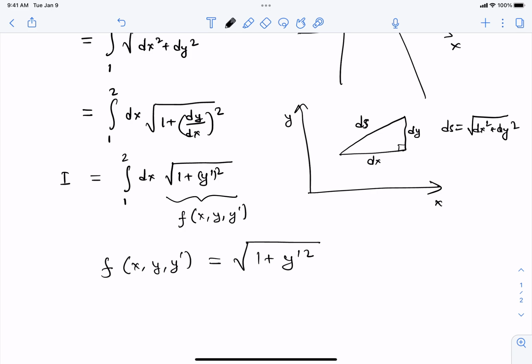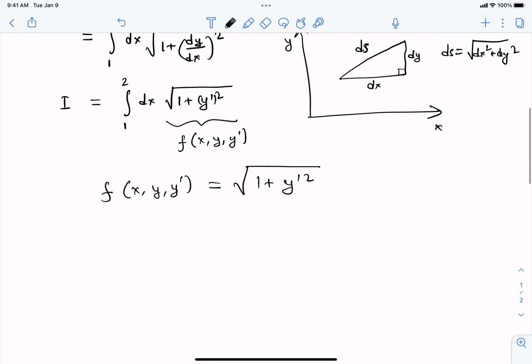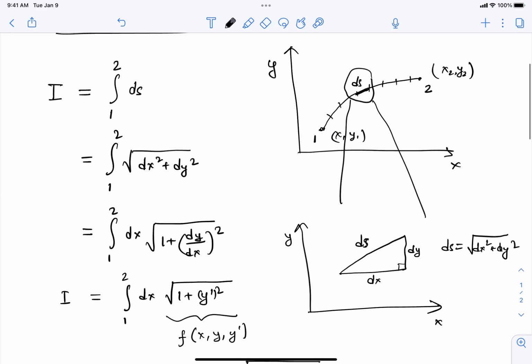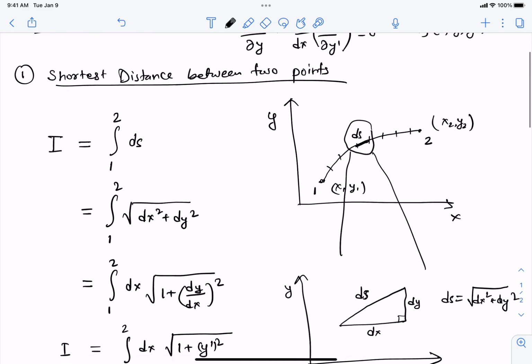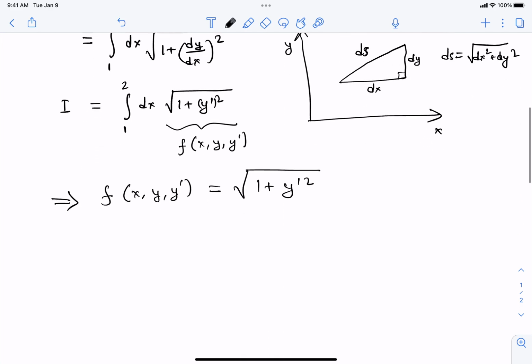In this case, the function f of x, y, y prime is only a function of y prime. It is not a function of x or y, which in some sense will make our life much easier. So now that we know what the function f is, all we need to do is apply this f in our Euler Lagrange equation, and we will get the differential equation for y, which we will solve. So let's do that.